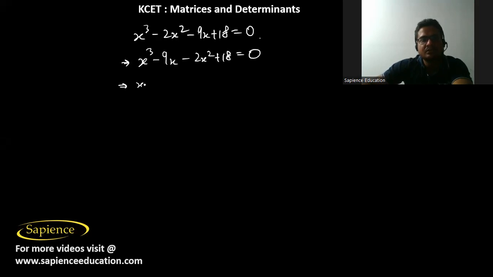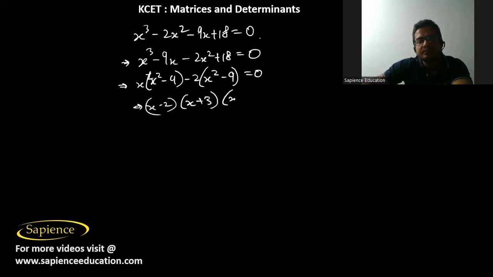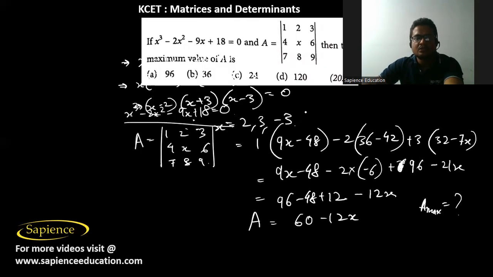So we take x common: x into (x square minus 9) minus 2 into (x square minus 9). So this will be (x minus 2)(x plus 3)(x minus 3) equal to 0. Therefore x will be equal to 2, 3 or minus 3.